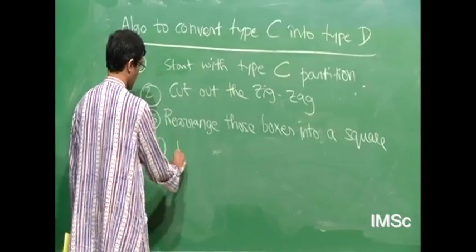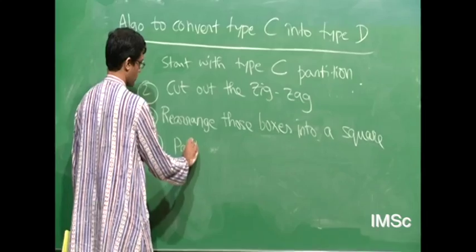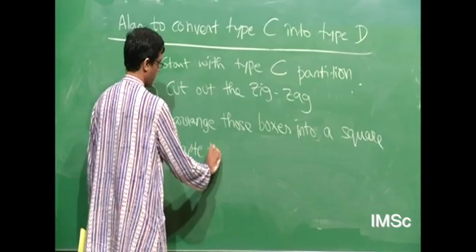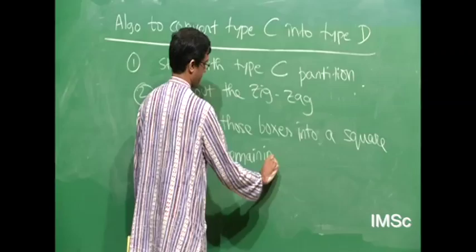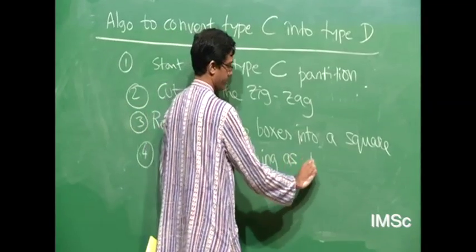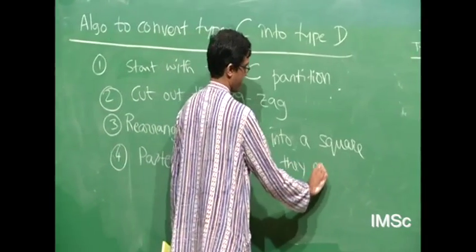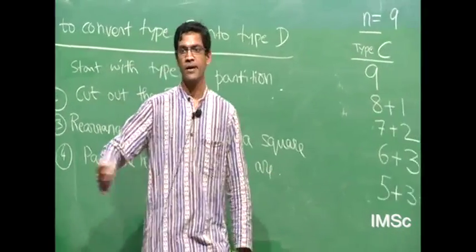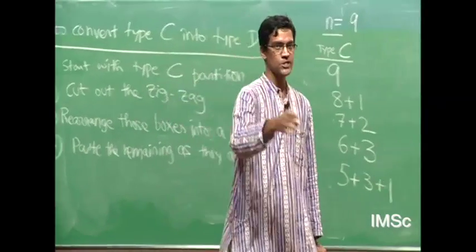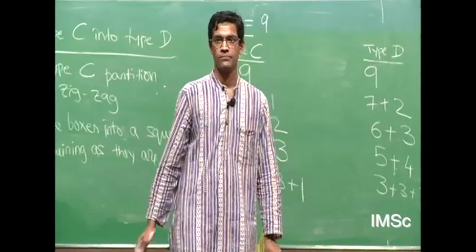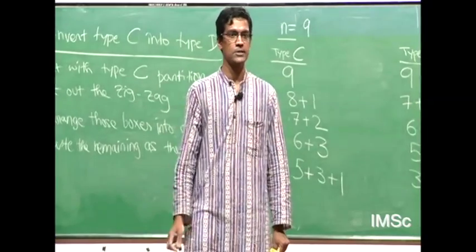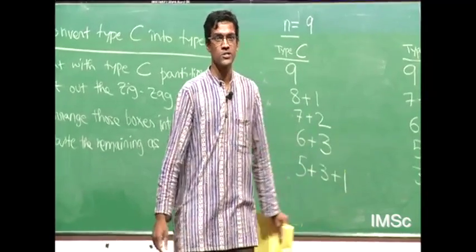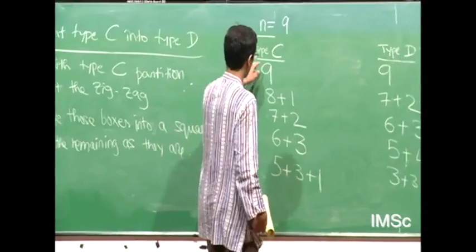Paste the remaining boxes as they are. Whatever is to the right of the zigzag, you keep to the right of the square. So the key operation is only in converting the zigzag into a square. That's it.